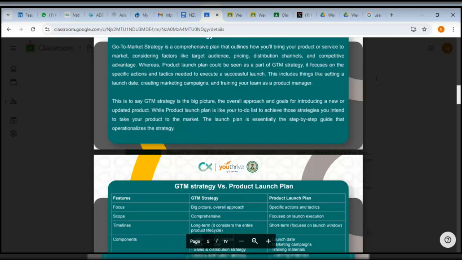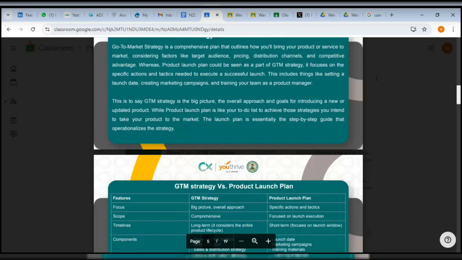Now, defining all of this in your launch plan, being able to create clarity for all of this, could be a part of your launch plan. But the point is that when you're trying to achieve your go-to-market strategy, you end up being able to prepare a product that is ready to launch. I think that's what the whole thing is.